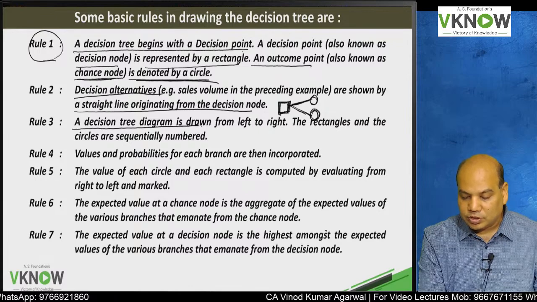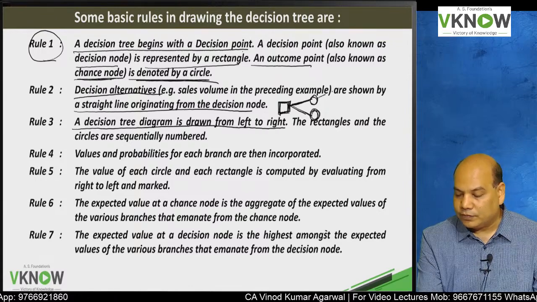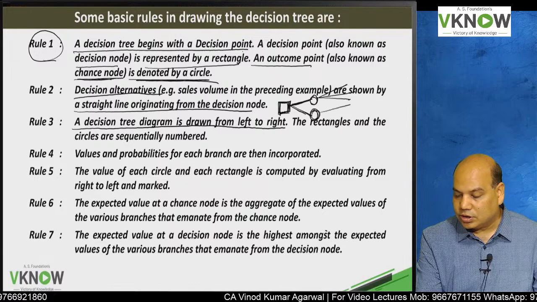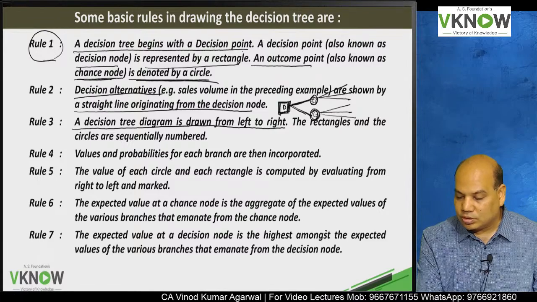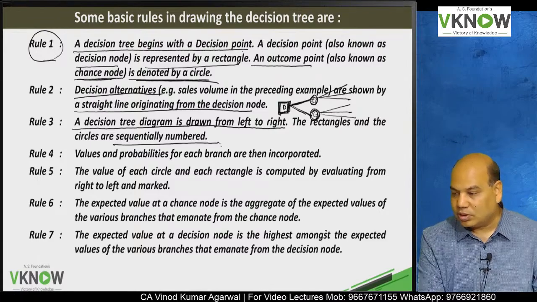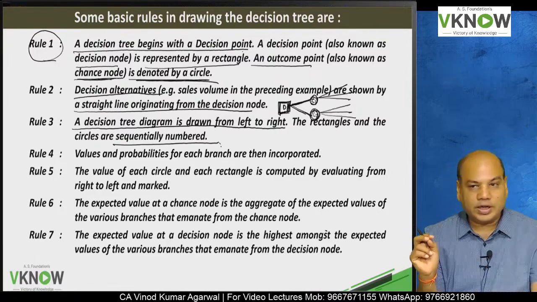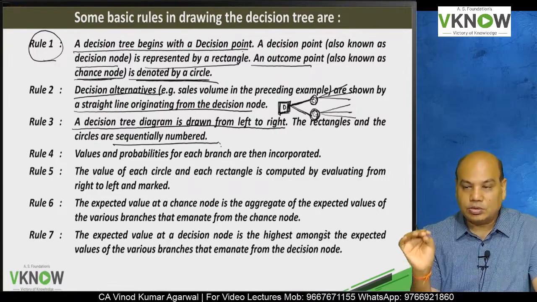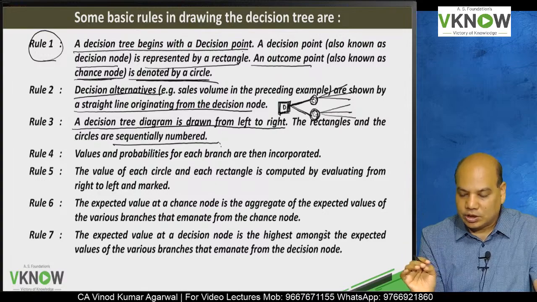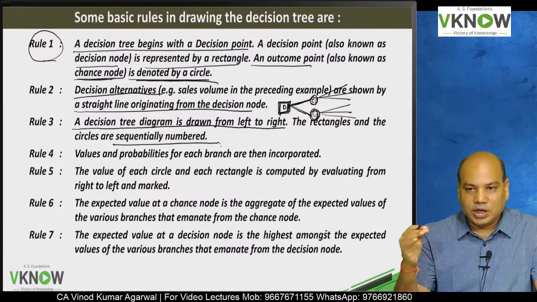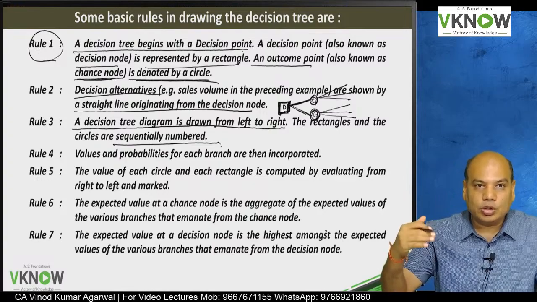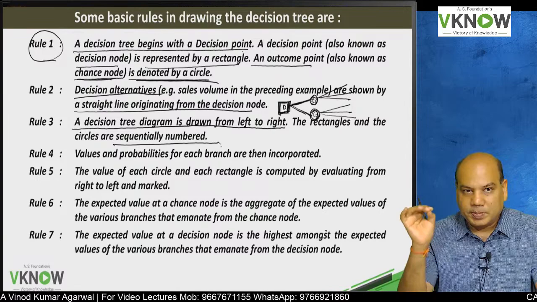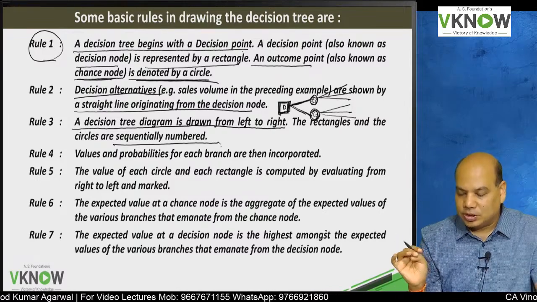Rule number 3, a decision tree will be drawn from left to right, and decision boxes and chance nodes are sequentially numbered so that it is easy to identify which decision node or which chance node we are talking about, because in a bigger problem there can be 3 or 4 decision boxes and 3 or 4 chance nodes, so it is better to number them sequentially.